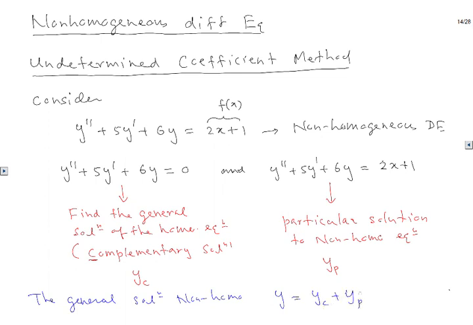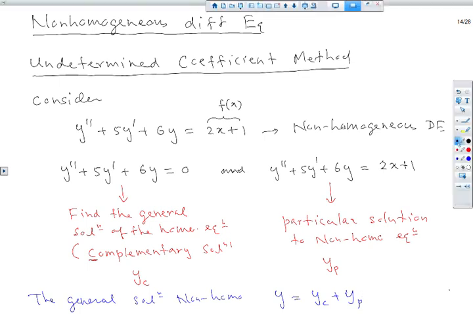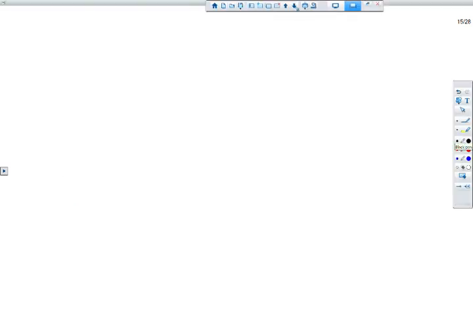So we find the general solution to the homogeneous equation, find a solution to the non-homogeneous equation, and add the two. Let's prove this result, because proof is not that difficult. That's the major result of this discussion.